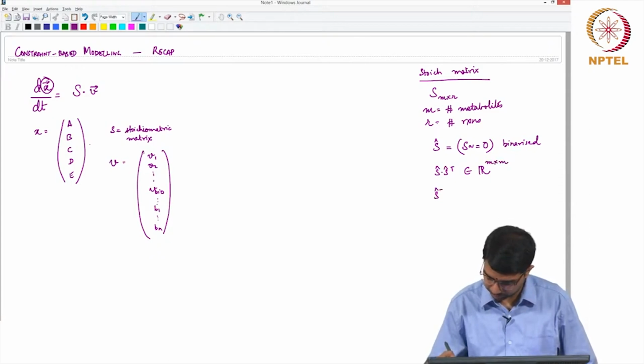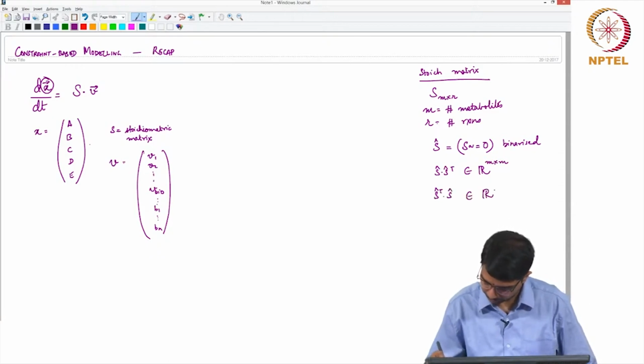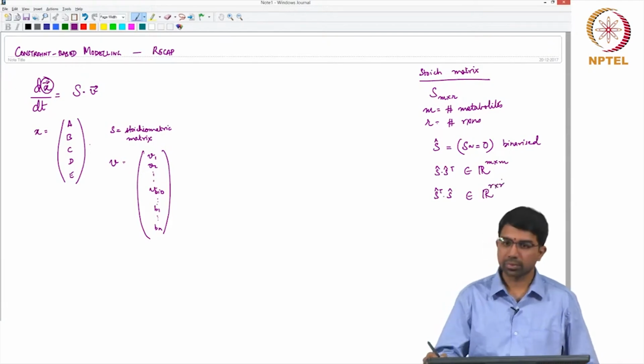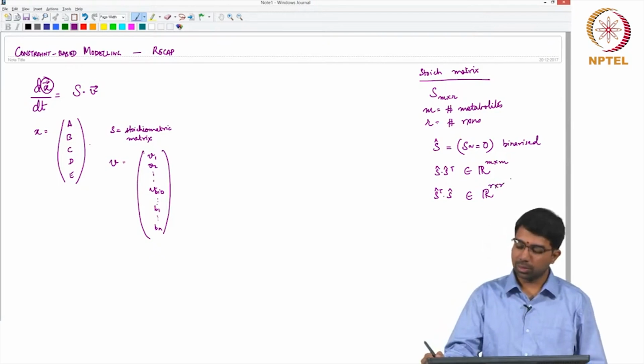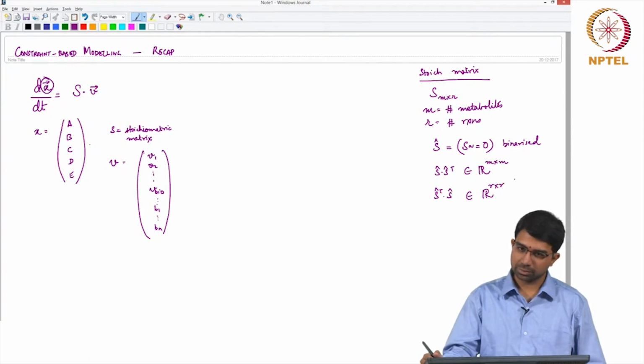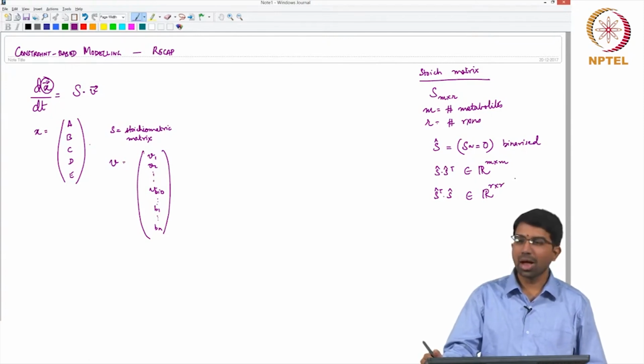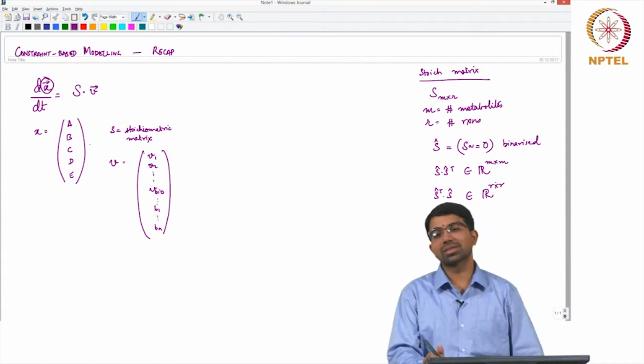And S cap transpose. What do these two matrices tell you? So, an adjacency matrix for a substrate graph. More or less, right.